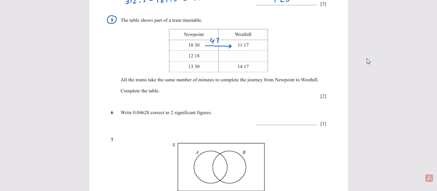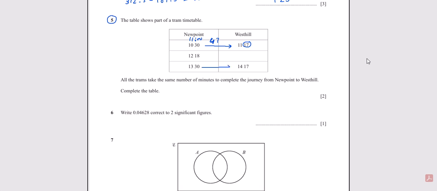Okay. The 30 minute from this one, it will equal to 11, like this. If we add 30 minute in this 30 minute and above 17 minute, the total is 47 minute.